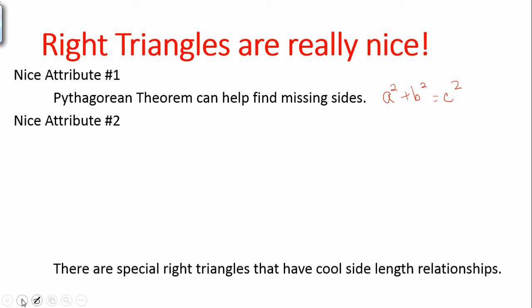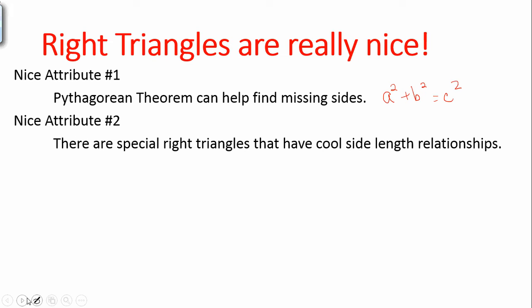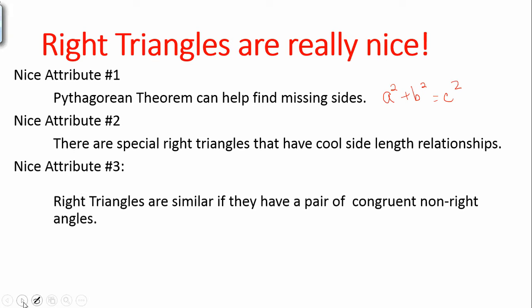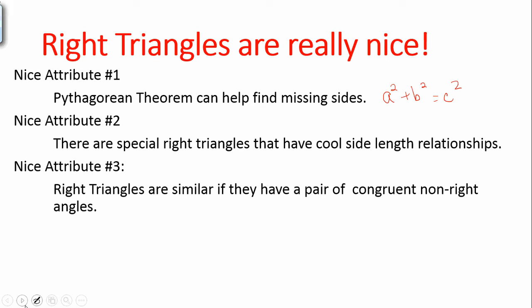Another nice attribute is that there are special right triangles that have cool side relationships, really neat relationships that we've been working on, like the 30-60-90-degree triangle and the 45-45-90-degree triangle. And the third nice attribute is that right triangles are similar if they have a pair of congruent non-right angles. That means if I have two right triangles, here, let me see if I can draw one here.